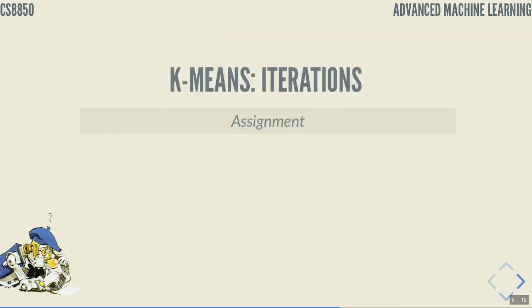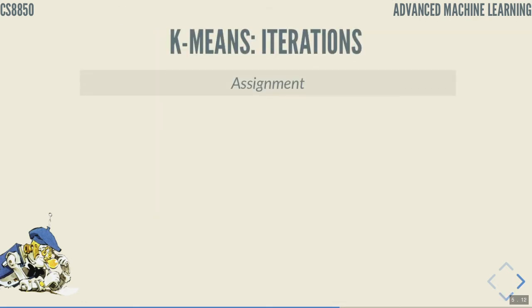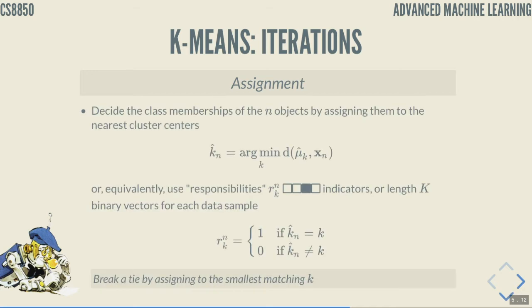Let's look closer at each of the important parts of our assignment-update cycle in the iterations. So assignment happens in the following way. We decide the class membership of n objects by assigning them to the nearest cluster center.